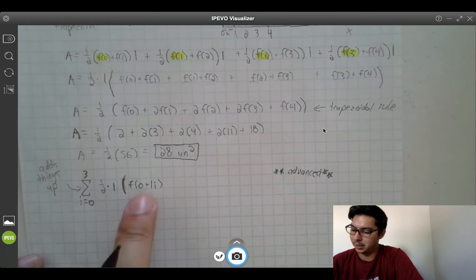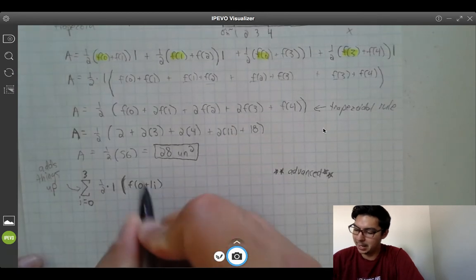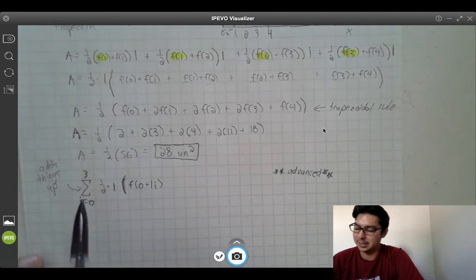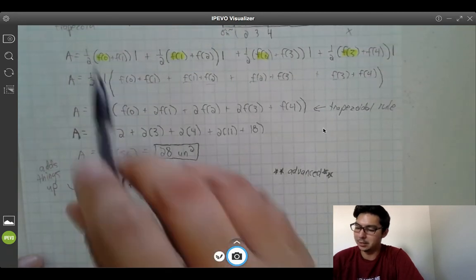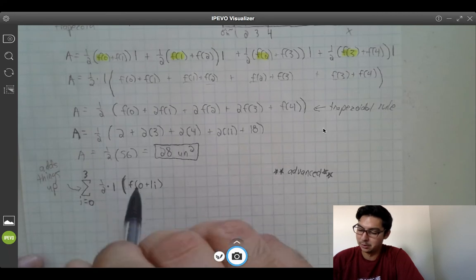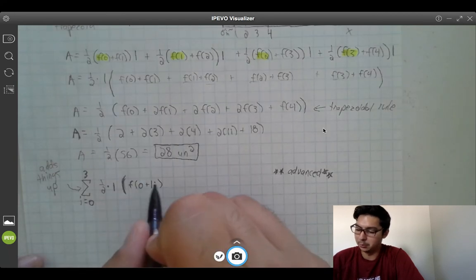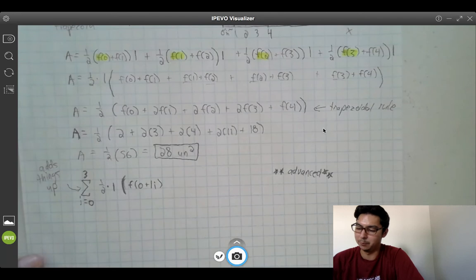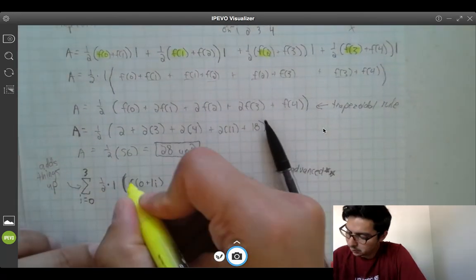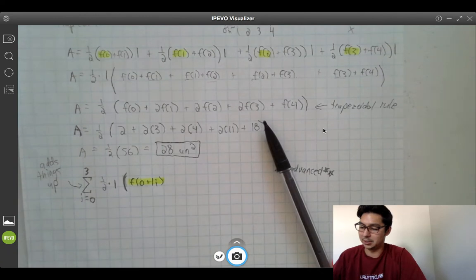Right? This right here, 0 plus 1i, that pattern will get me all those numbers when I plug in these indexes. If I plug in 0 first, I'll end up at f of 0. If I plug in 1, which is the next one, because it's going from 0 to 3, well, 0 plus 1 times 1 is 1, then I'll be at f of 1. So that represents the first areas, because there's a pattern there.